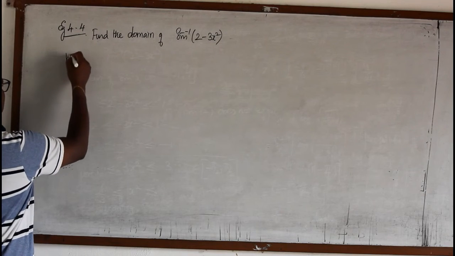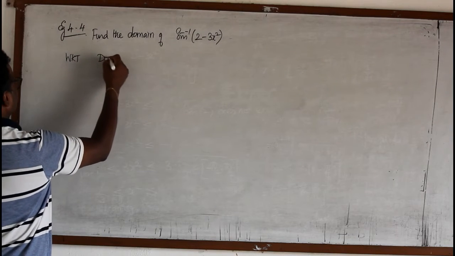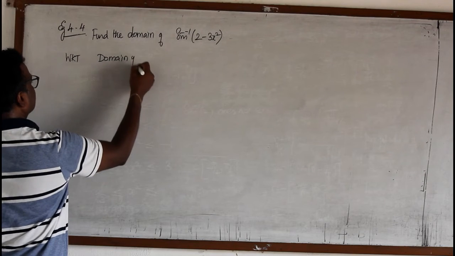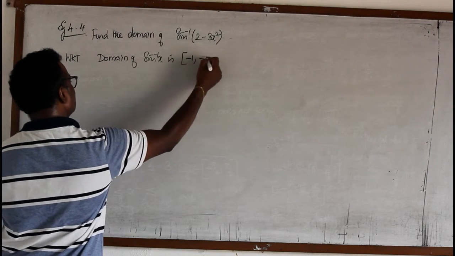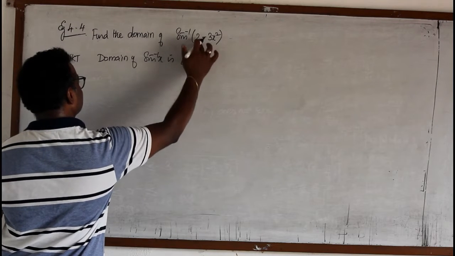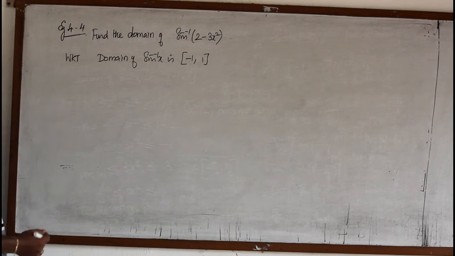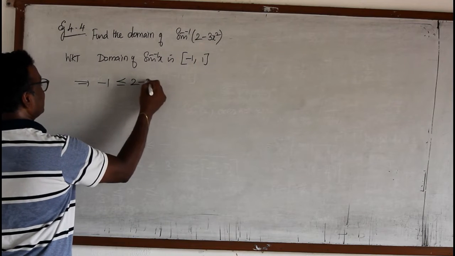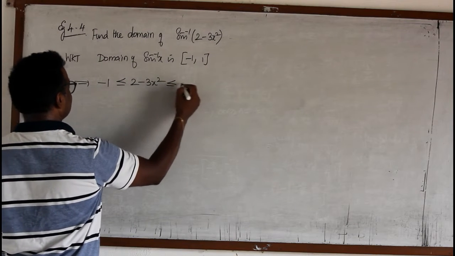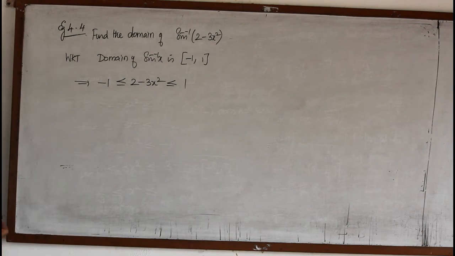We know that the domain of sine inverse of x is minus 1 to plus 1. This means 2 minus 3x square belongs to this interval. That means minus 1 is less than or equal to 2 minus 3x square less than or equal to 1.